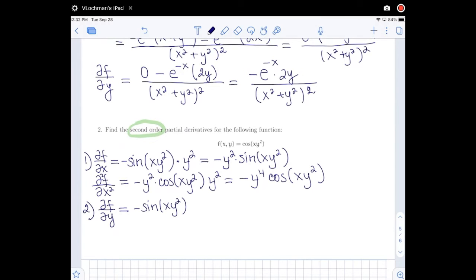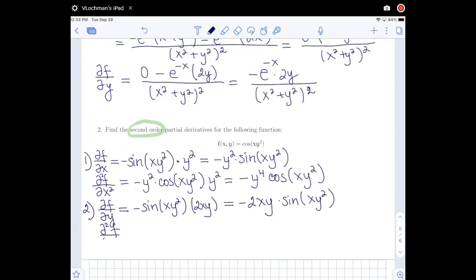Can somebody tell me? 2xy. Good. So 2xy. So my first derivative with respect to y looks like what? Negative 2xy times sine xy squared. Okay, very good. Now we're one step away from being finished.